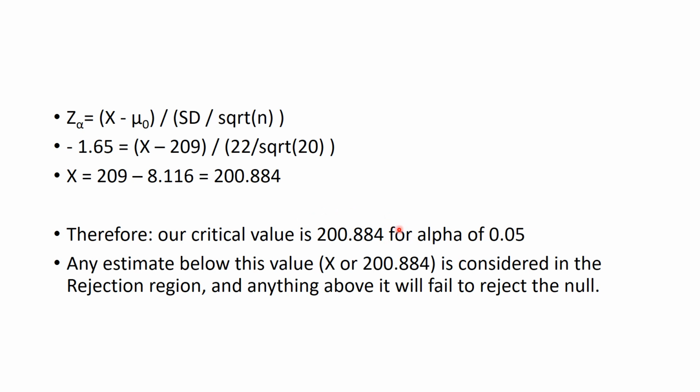Our value is 200.88 seconds. So any estimate below this X bar is considered in our rejection region, and anything above it will fail to reject the null hypothesis. Now remember this because we are going to use this part in the main examples.